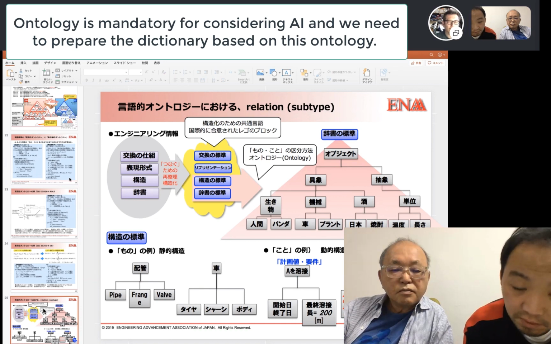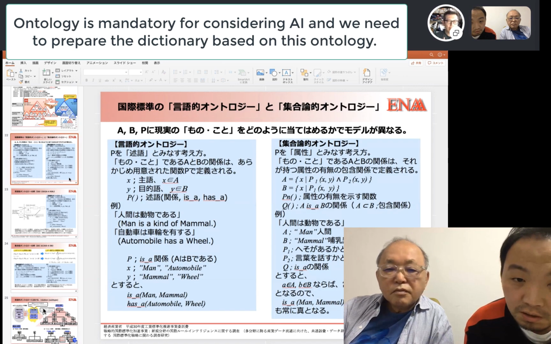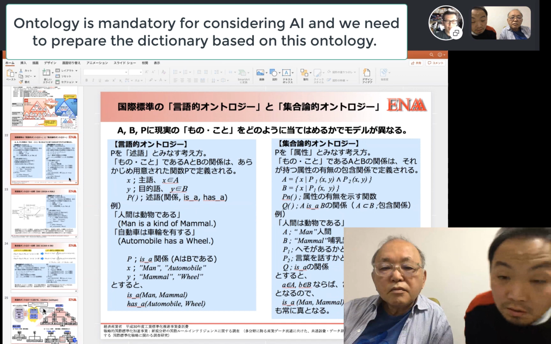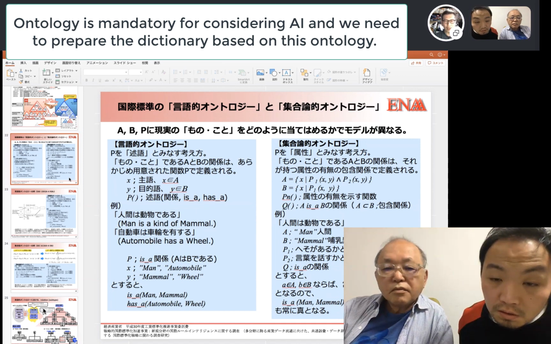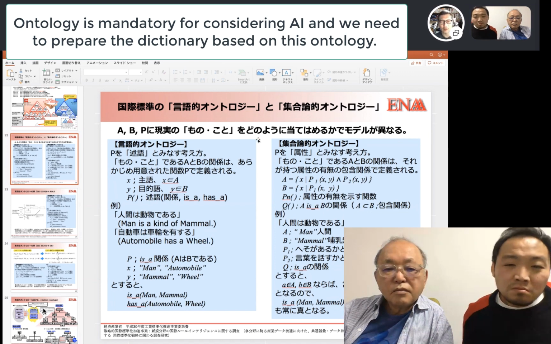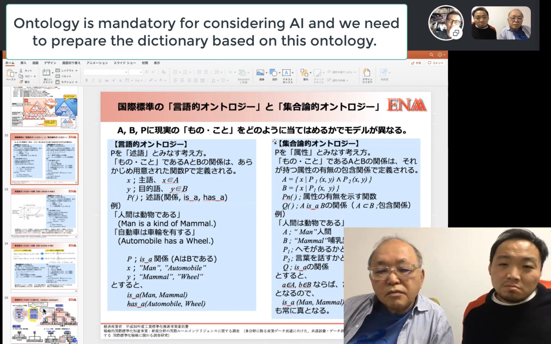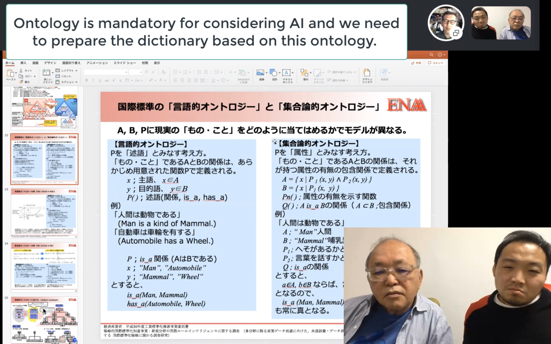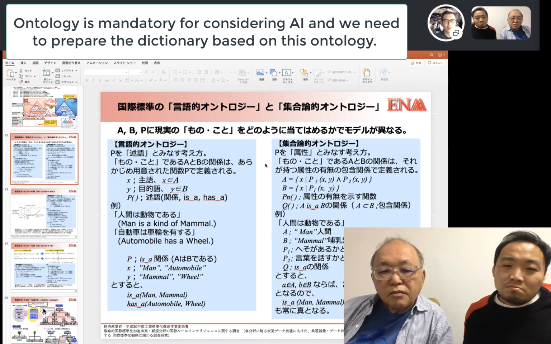But there are two typical different ideas in ontology right now. One is linguistic ontology, and the other is set theory ontology. It seems very similar, but clearly different.